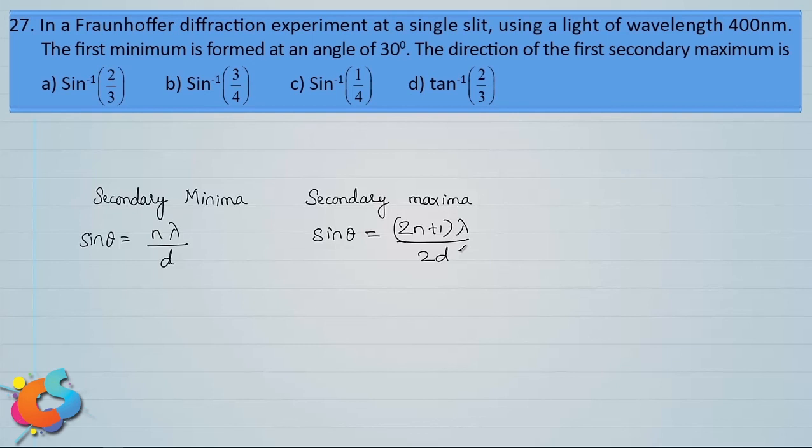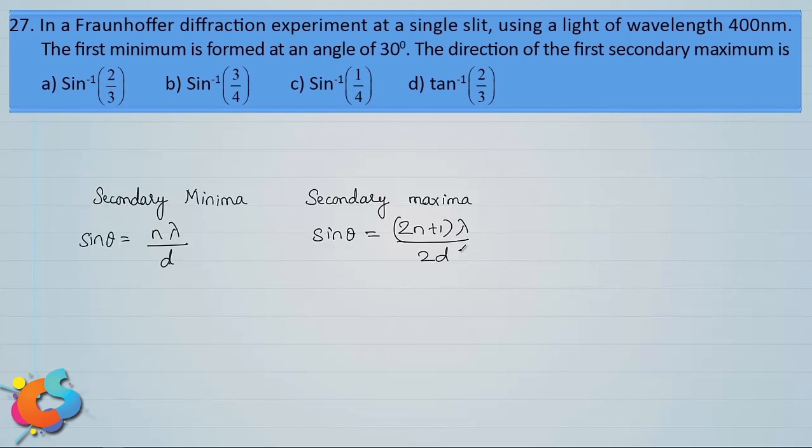For example, the distance of nth secondary minima is x is equal to n lambda D divided by d. So I have just multiplied the capital D to the numerator. Similarly, for secondary maxima, distance from the center is x is equal to (2n plus 1) lambda D divided by 2d. Now we'll have to deal only with the angular positions for this problem.